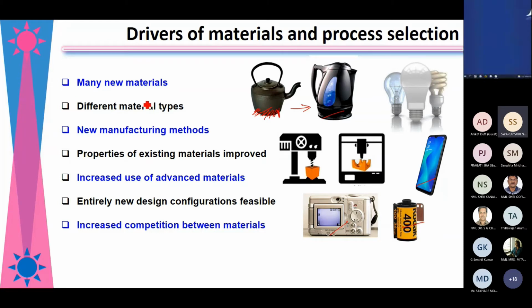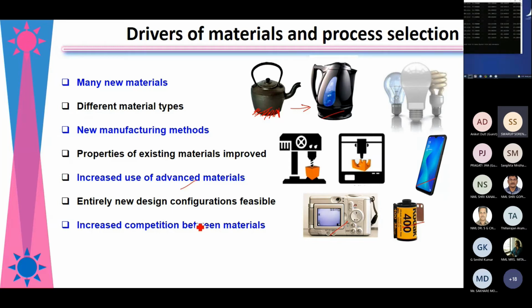There are new material types, new manufacturing methods available, and the properties of the existing materials have been improved by continuous research, or there are new and increased uses of advanced materials. So there is a competition in materials.